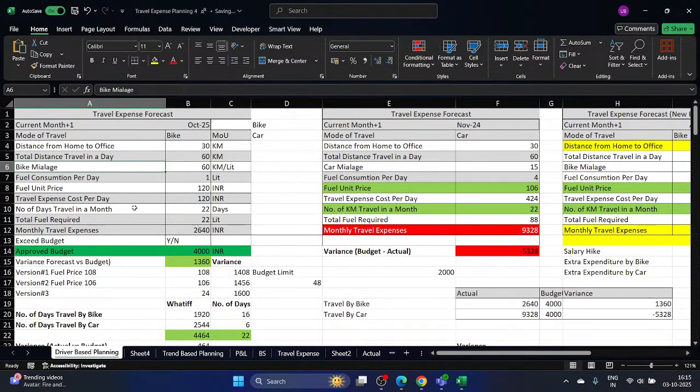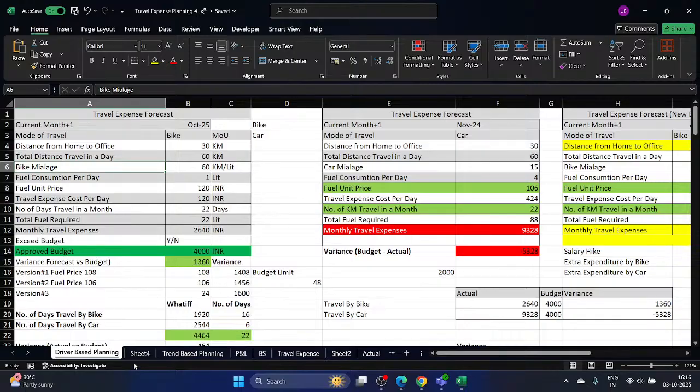Travel expense cost per day, number of days travel in a month.